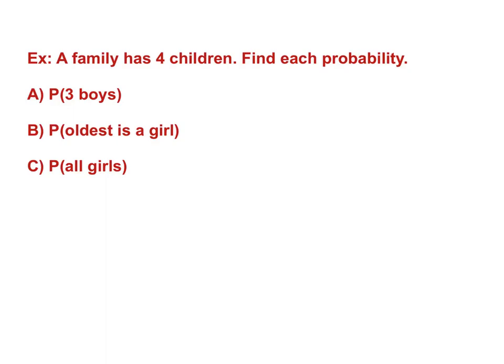For the purposes of this experiment, we're all going to agree that the only possible outcomes are either a boy or a girl. We're not getting into some social discussion about anything else. Which means it's essentially the tree diagram we did for heads and tails, taken to 4 tosses instead of 2. It's the same kind of thing.